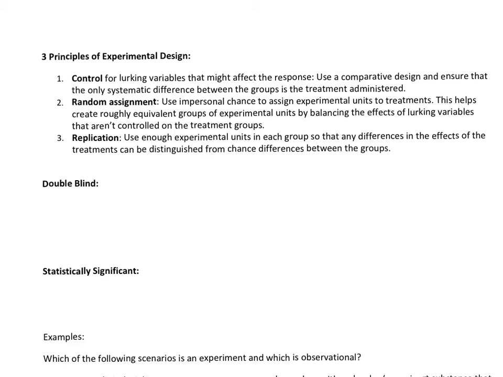So one of the common ways to perform an experiment is a double blind. So it's when the subjects and those who interact with them don't know which treatment they're getting.